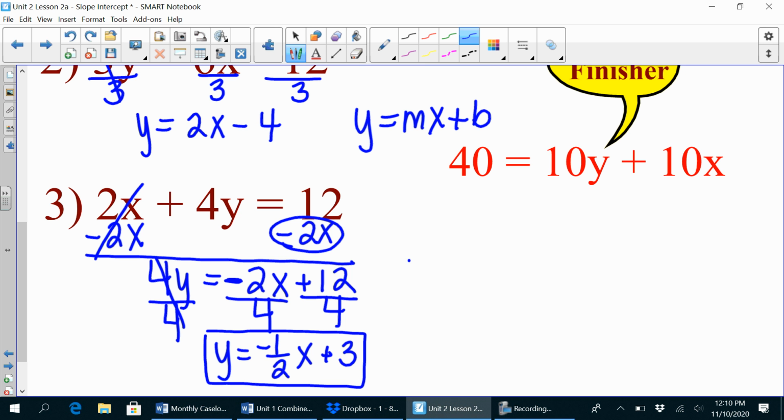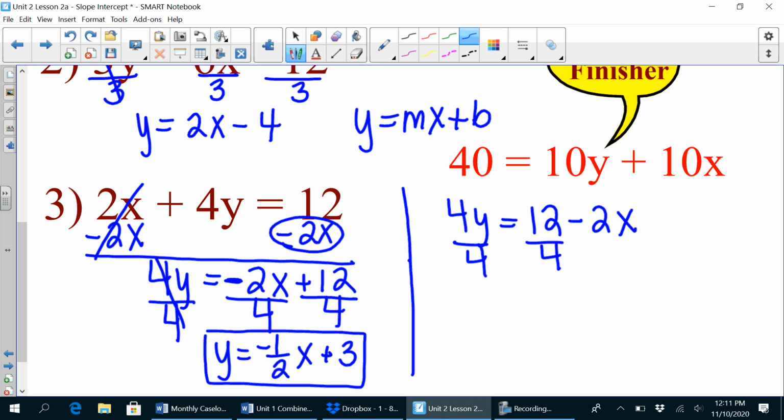Okay? And if you didn't rewrite it that way, and you wrote it as 4y equals 12 minus 2x, you can still divide everything by 4, and then you would just move what you have.